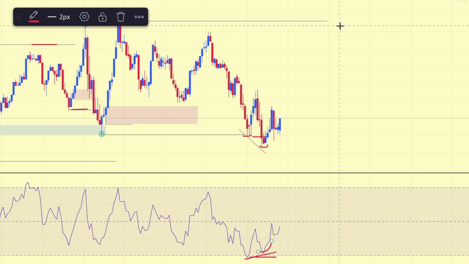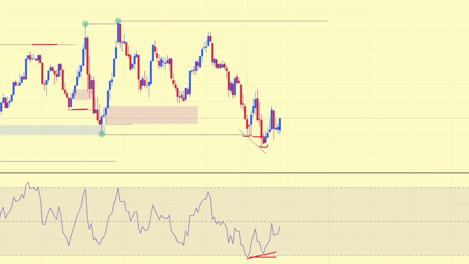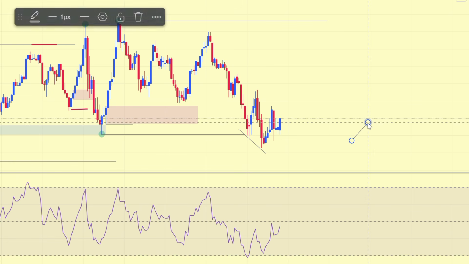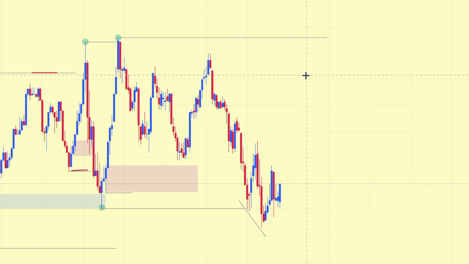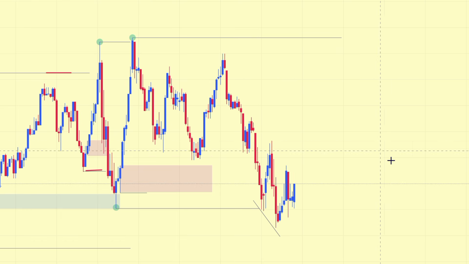So on RSI we were making a higher high, but on the price we are making a lower low. This means that our bullish momentum is still there, and this here can be a possible liquidity sweep.